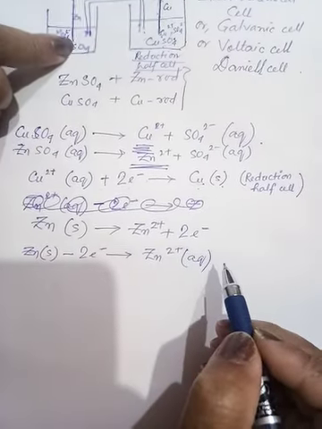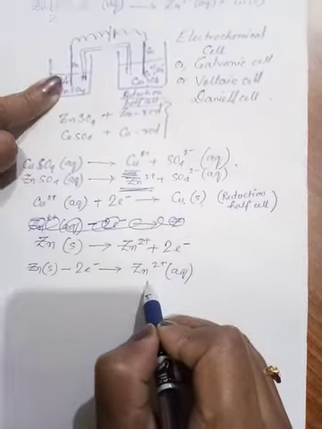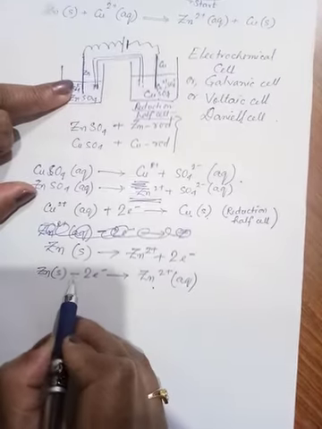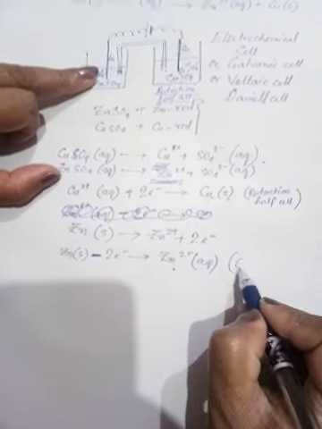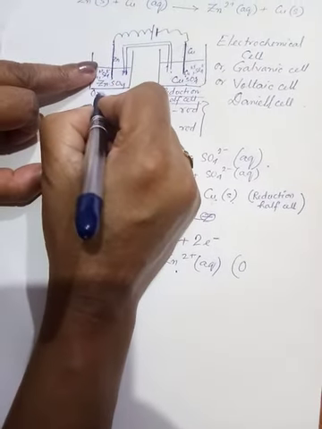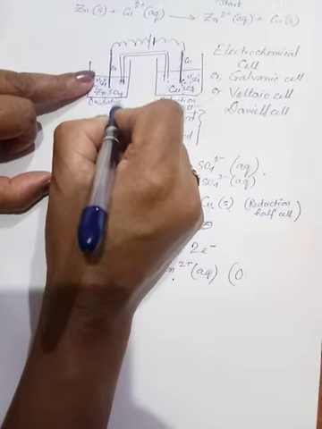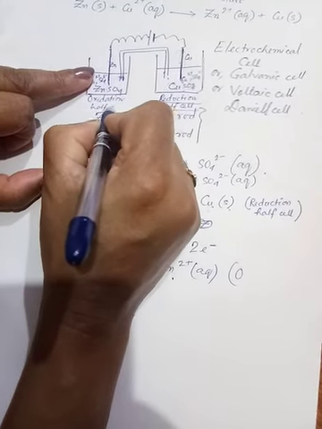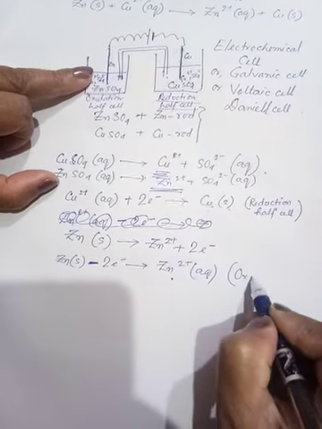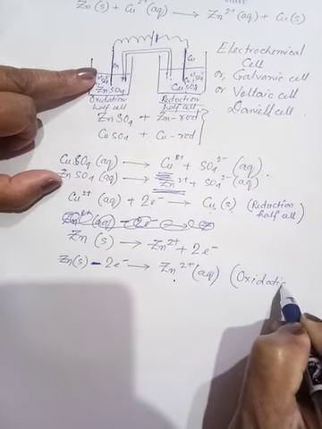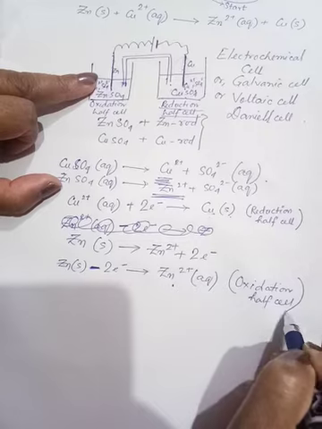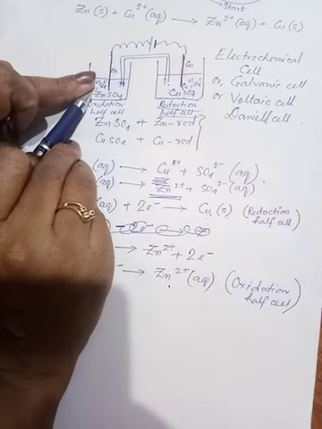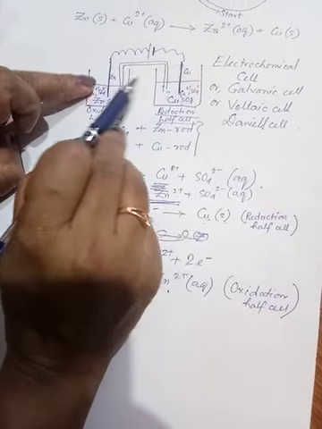So Zn is going down into solution as Zn2+. Now you can see it is minus 2 electrons. So this is called oxidation. That's why this cell is called the oxidation half cell. So here oxidation is occurring and here reduction is occurring.